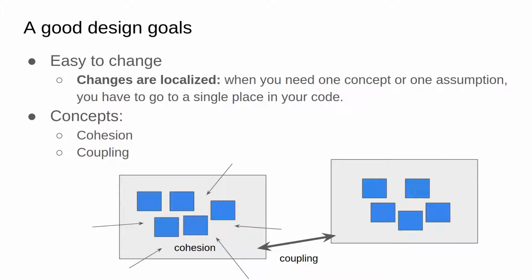But the goal for a good design for software modules or classes or whatever is that your design, and the software that you have constructed based on a particular design, should be easy to change, because your software always has to change, okay, because of some change in business, and you need to adapt, or maybe the machine changes, the technology changes, the software has to adapt too.